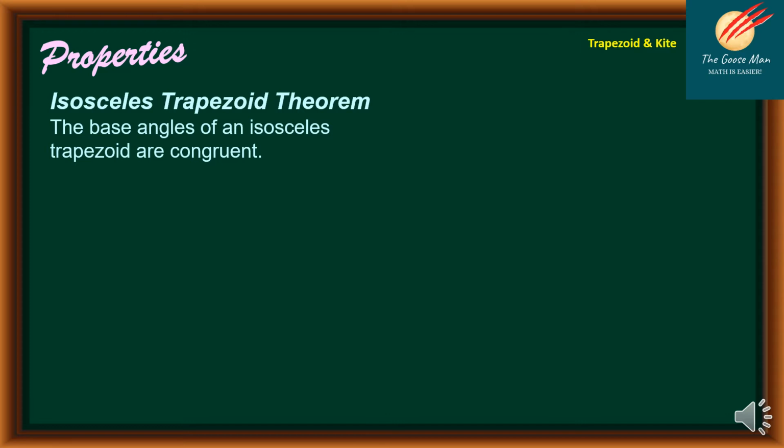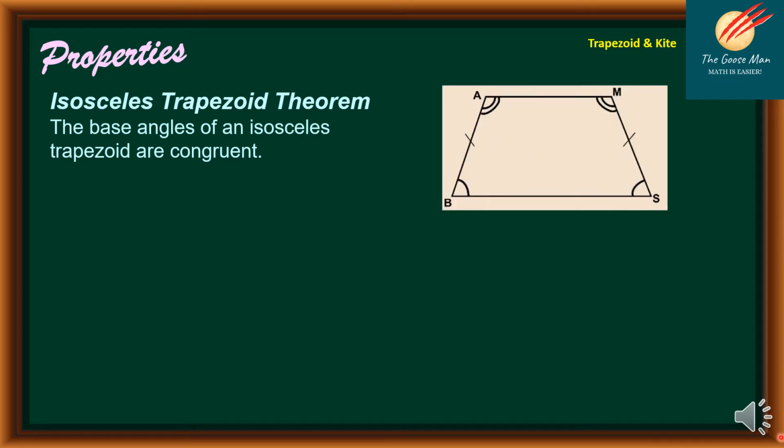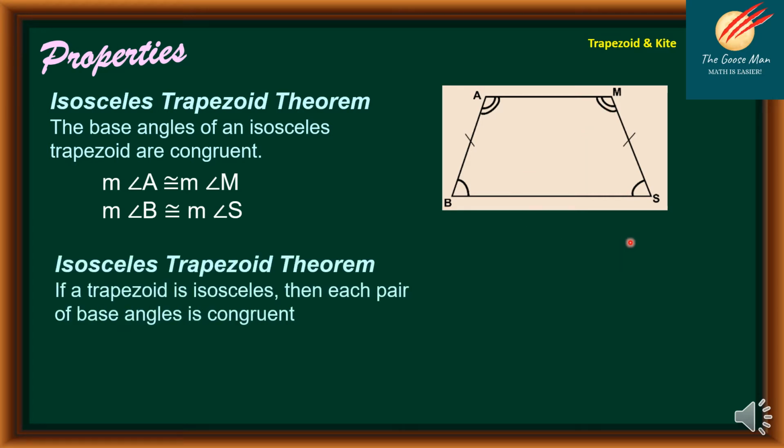The base angles of an isosceles trapezoid are congruent. Again, let's consider this example. We have angle B is congruent to angle S. We can say also that angle A is congruent to angle M as well as angle B is congruent to angle S. Next we have another isosceles trapezoid theorem.